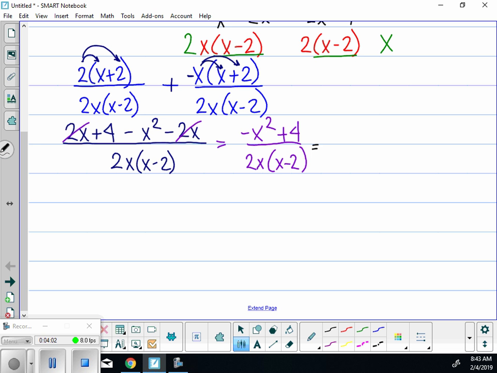Now, typically, we would think of it as x squared minus 4, right? To be able to factor it. So, if I take out a negative, I can switch the x squared to be positive and the 4 to be negative.